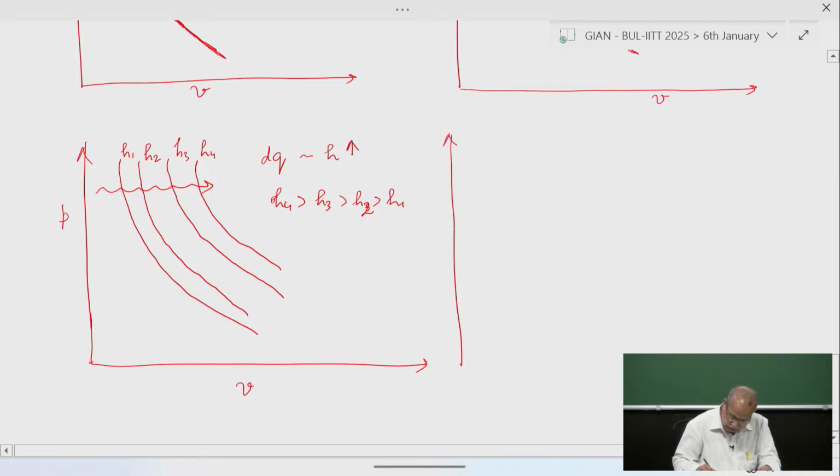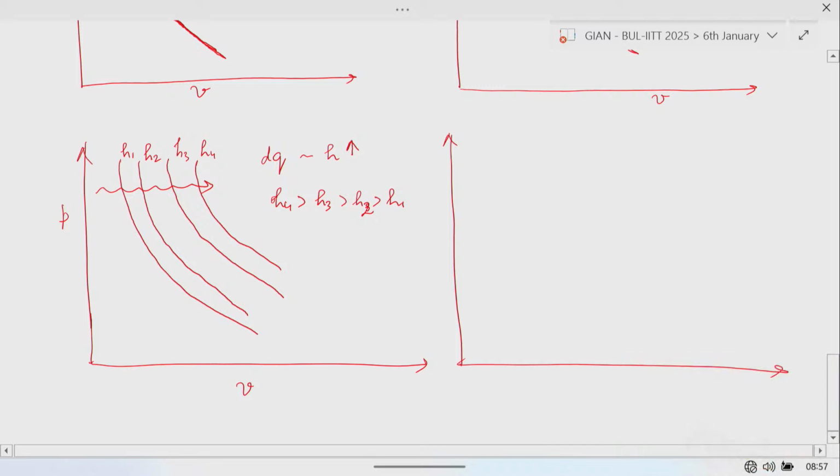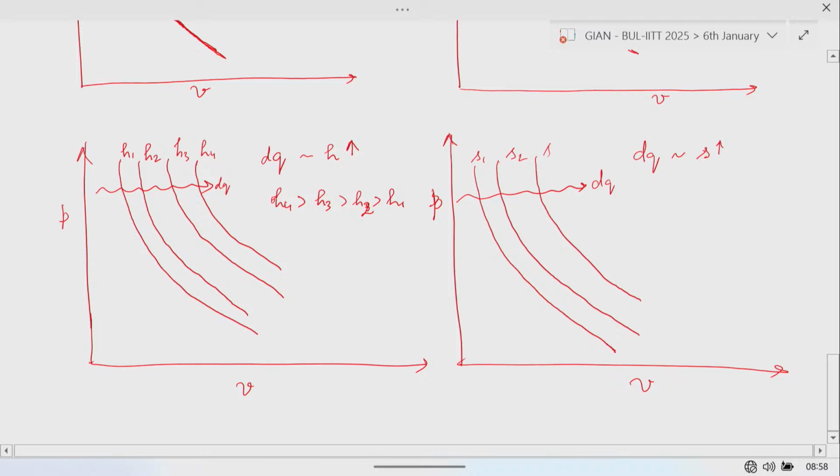Similarly, when you add heat you end up increasing the entropy. So here it is S1 in the direction of heating dq, S2, S3 and S4.